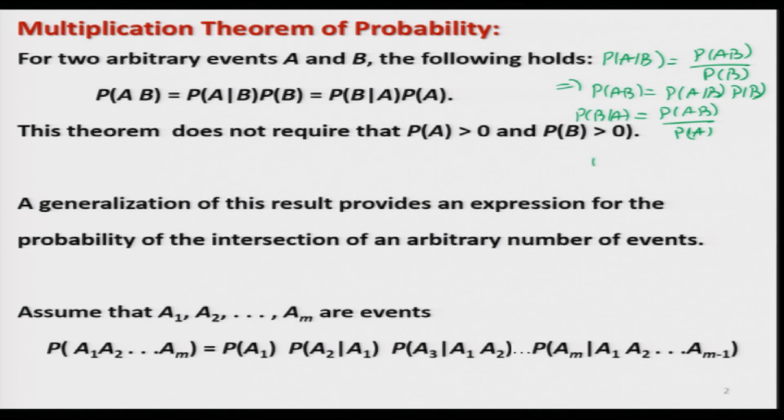So from here you can see that probability of AB once again comes out to be probability of B given A into probability of A.